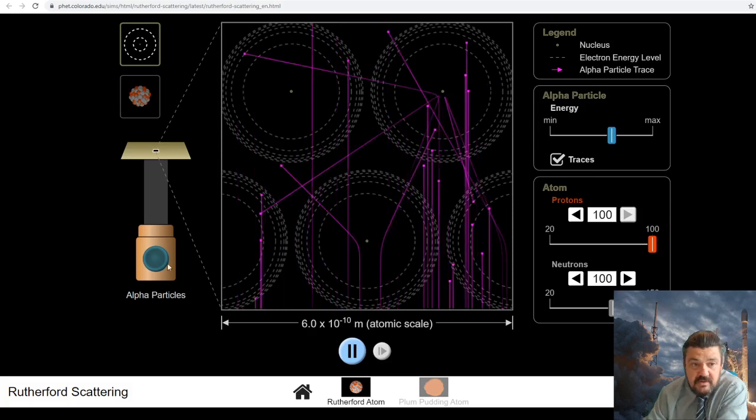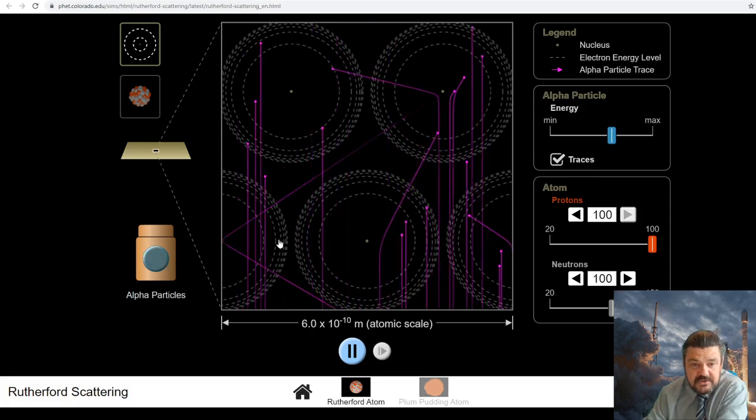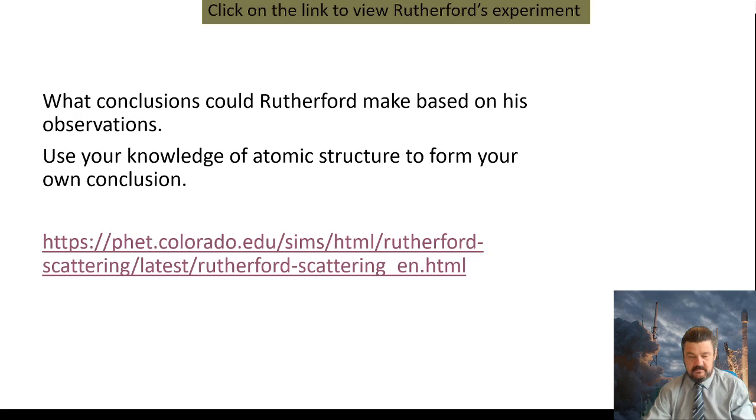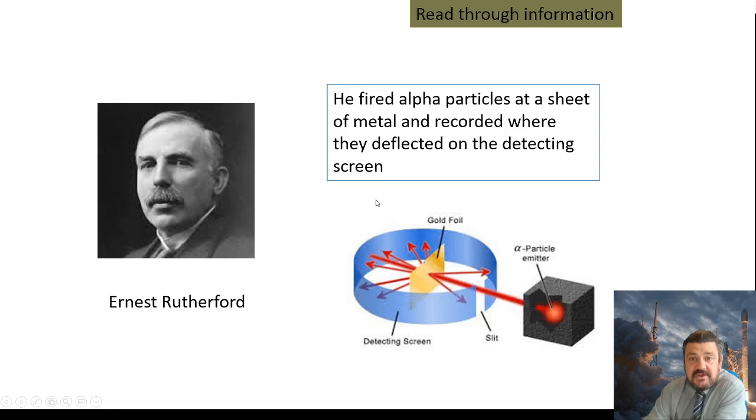Okay, so we'll go back to our slideshow and we'll summarize that verbally. So, you fire the alpha particles at a sheet of metal and record where they deflected on the detecting screen. This is a mock-up of this experiment. You may well see this in your exam papers.